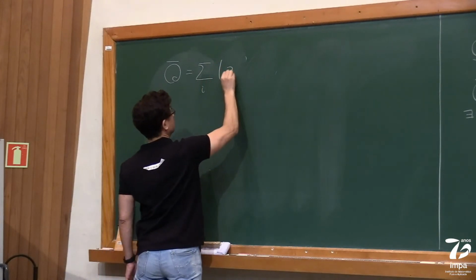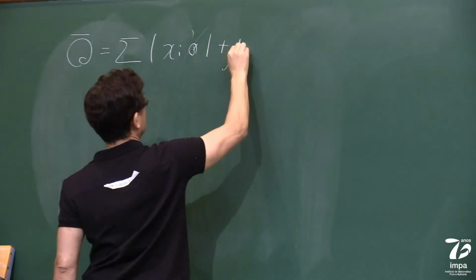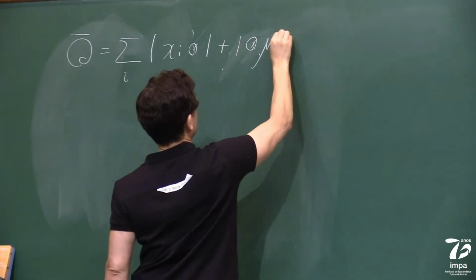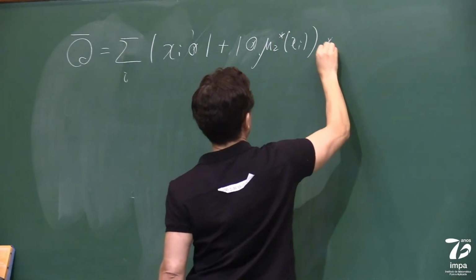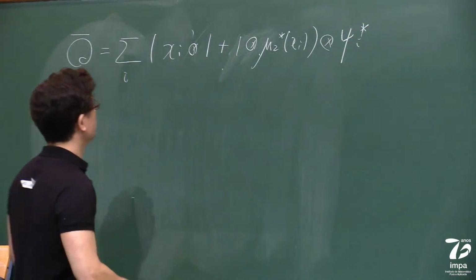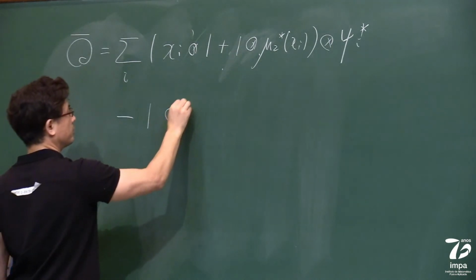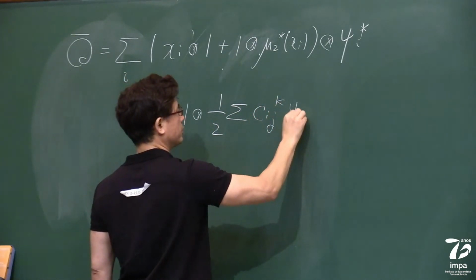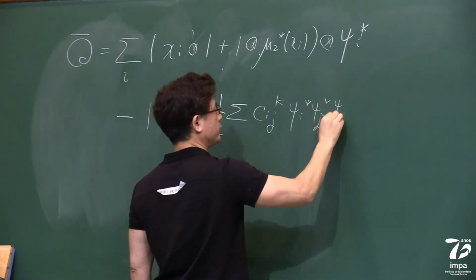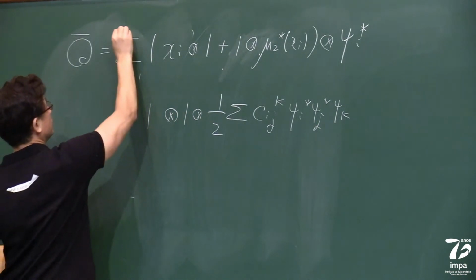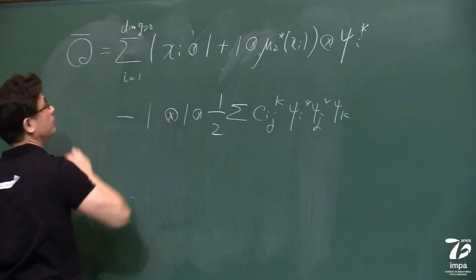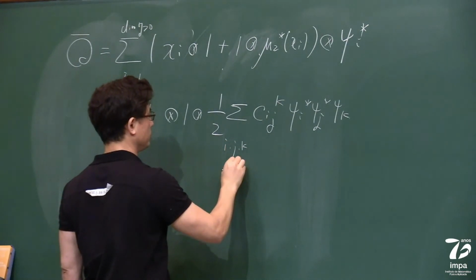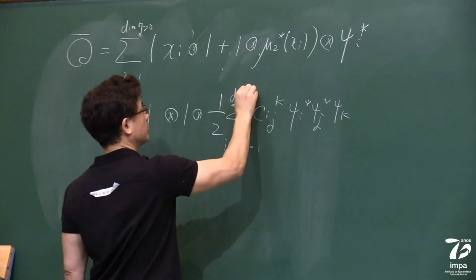So I sum over i, one tensor mu, to star xi tensor psi star, minus one tensor minus half C_ij^k psi_i star psi_j star psi_k, where i is from 1 to the dimension of G positive, and here i, j, k are from 1 to the dimension of G positive.